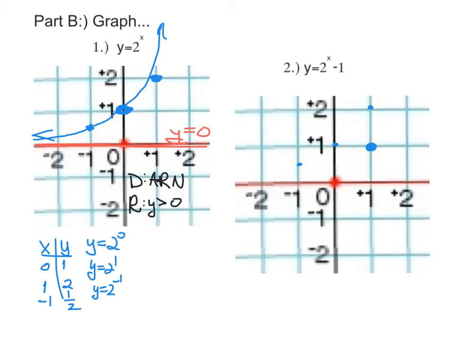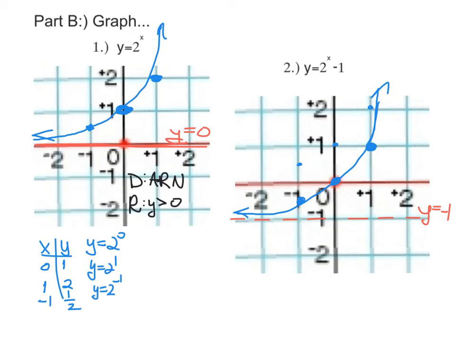So 2 drops down to 1, 1 drops down to 0, that 1/2 drops down to negative 1/2. And in fact, even our asymptote goes from being on the x-axis, down 1, to being on this line at y equals negative 1. But the curve stays up above that, starting low and growing exponentially.